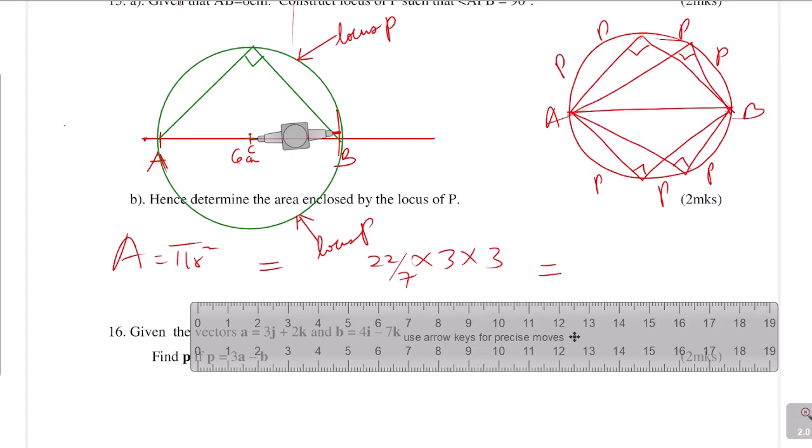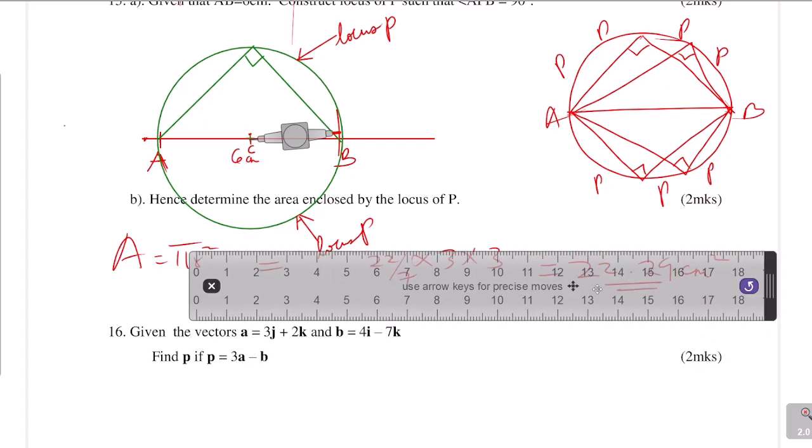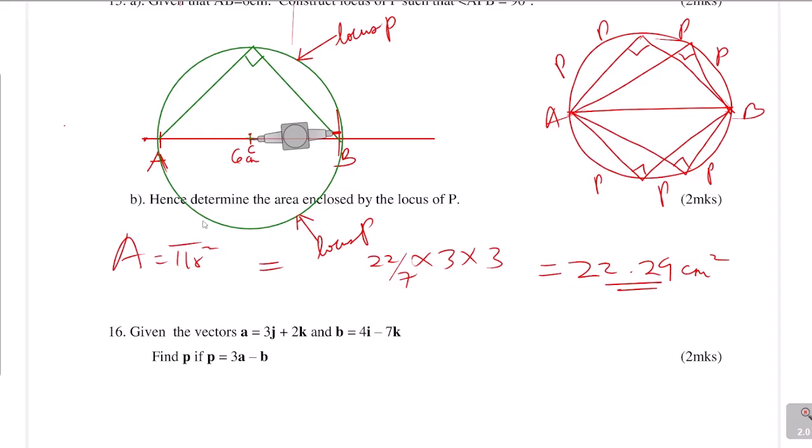That one should give you 28.29 centimeters squared. As simple as that. So now, having done that, we can go to the last question in that section.